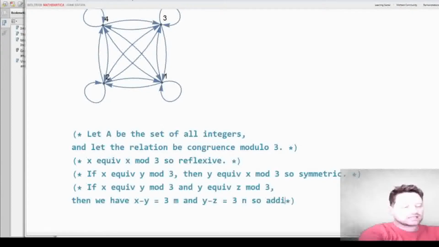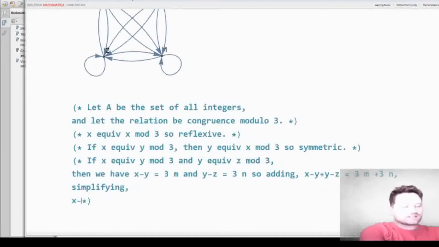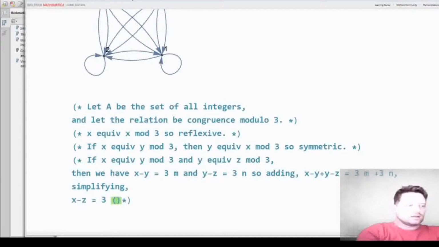So adding, we have x minus y plus y minus z on the left equal to 3m plus 3n. Okay, simplifying. You see the y vanishes there. And what we have on the left is x minus z is equal to 3 outside of m plus n when we factorize the right hand side.